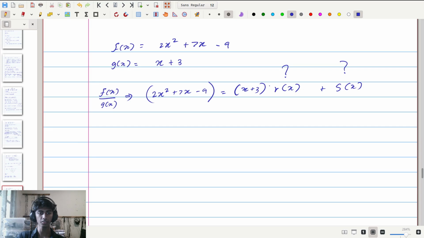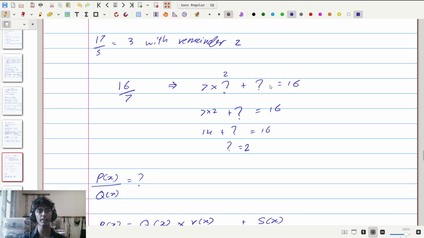So considering 2x squared plus 7x minus 9 divided by x plus 3, we know that a remainder does not contain any of the denominator in it. For example, when I divided 16 by 7, the remainder I got was the smallest number possible, such that there were no 7s in it.